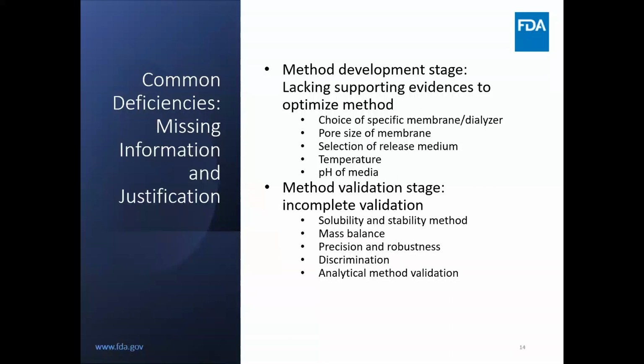The rationale behind the selection of parameters is important to understand the IVRT method. For the method validation stage, the assessors frequently see incomplete validation, for example, missing solubility and stability data, mass balance, and robustness data. Sometimes they didn't submit any sensitivity data to support discriminating power. And also the analytical method for IVRT samples should be validated.